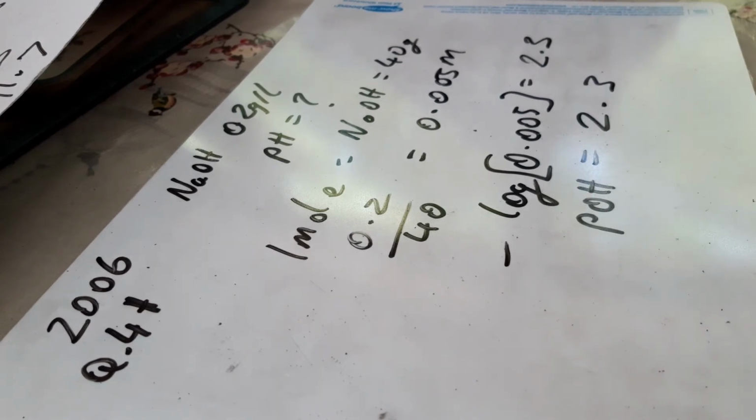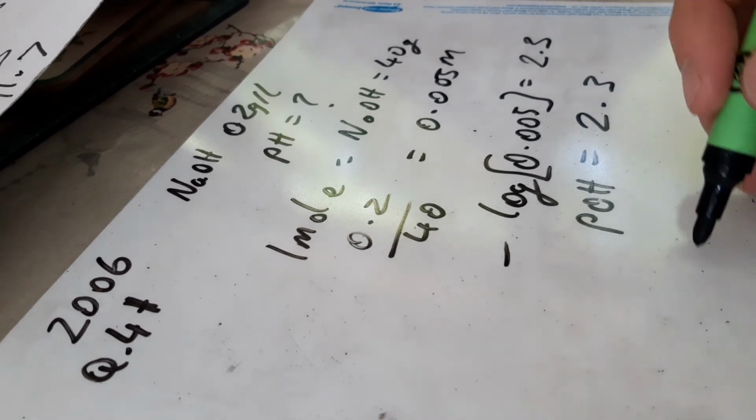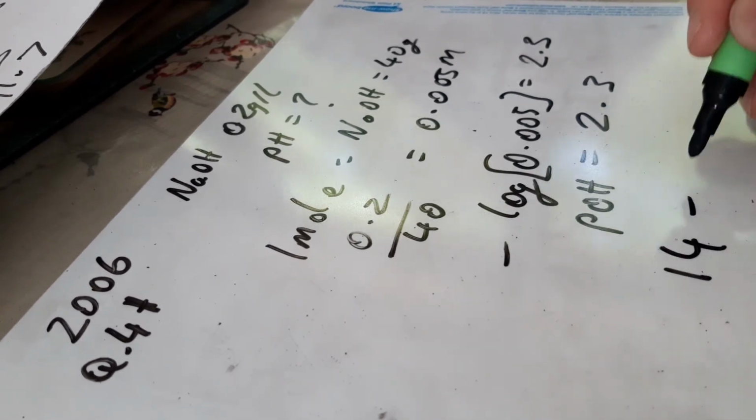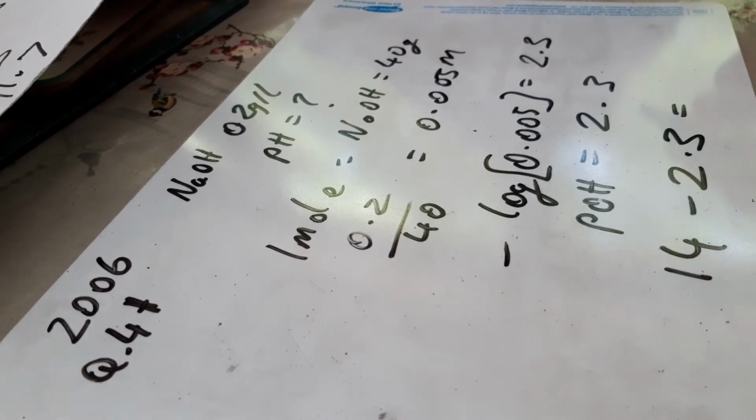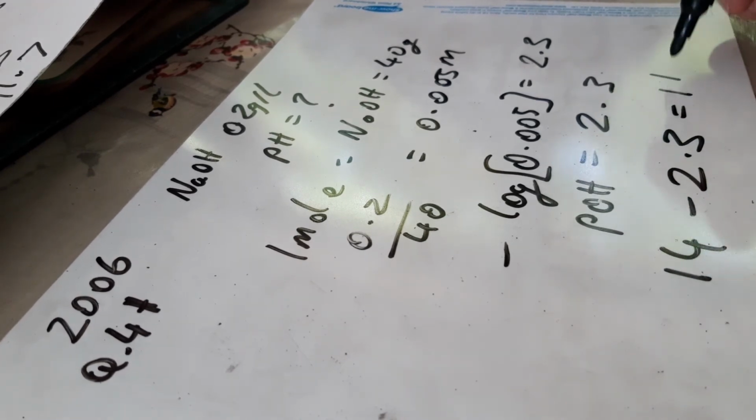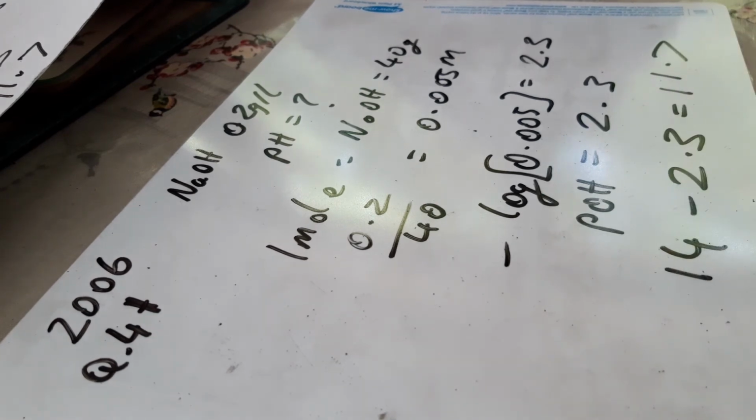Now, usually we don't express pOH, we express pH. So how do I change pOH to pH? Easy peasy. 14 minus 2.3, back to our equation from the last slide, is equal to 11.7. And that's my pH. Makes sense, doesn't it?